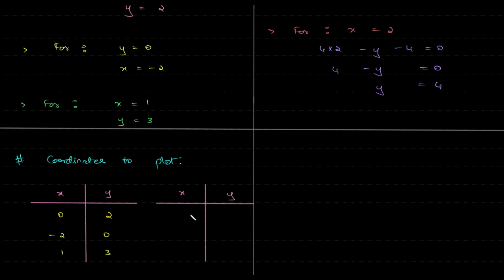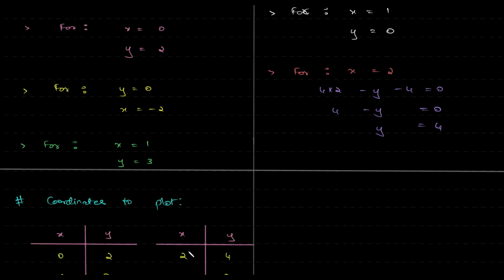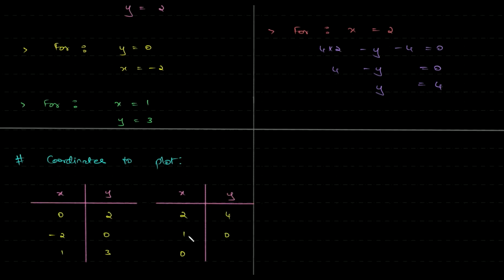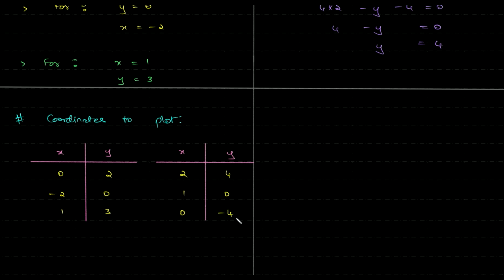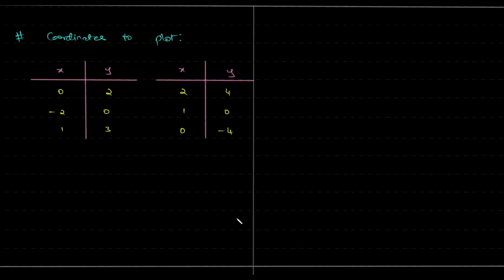For equation 2 we have 2 and 4, and 0 and 0 over here. When y is 0, x is 1. When x is 0, y is minus 4. Okay, makes sense.